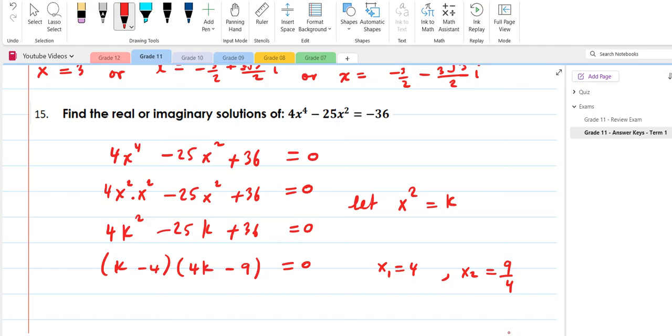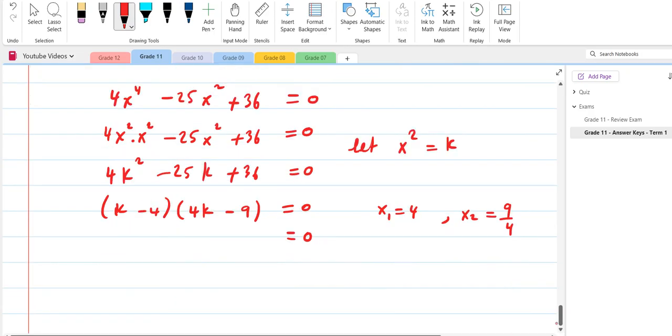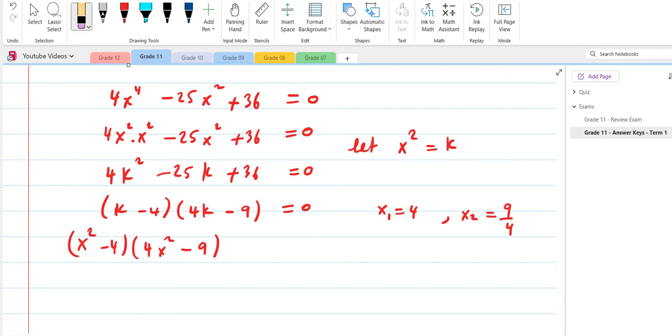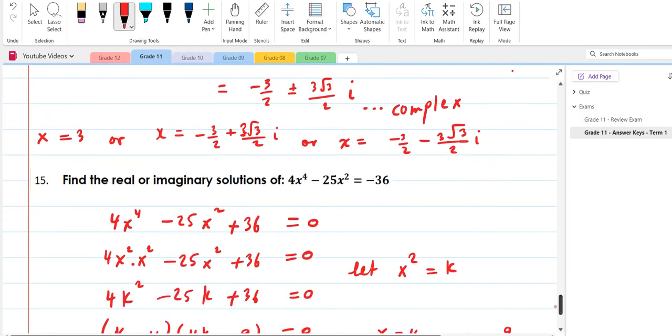So there it is here. But now remember, what is k? k is basically x squared minus 4, right? And we got 4k, which is 4x squared minus 9. Now remember, an x to the power 4 function means we need 4 roots, real or imaginary, right?